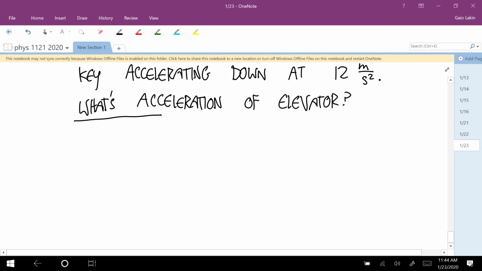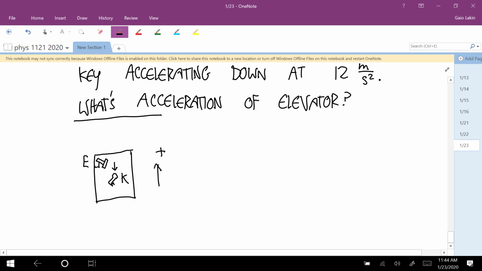Okay, so here's what's going on. We have this elevator. And here's the key. The key is falling. So I'm going to call the key K. The camera in the elevator, I'm going to call E. Whatever that sees, that's the measurement taken by E. And I'm going to call my positive direction up.